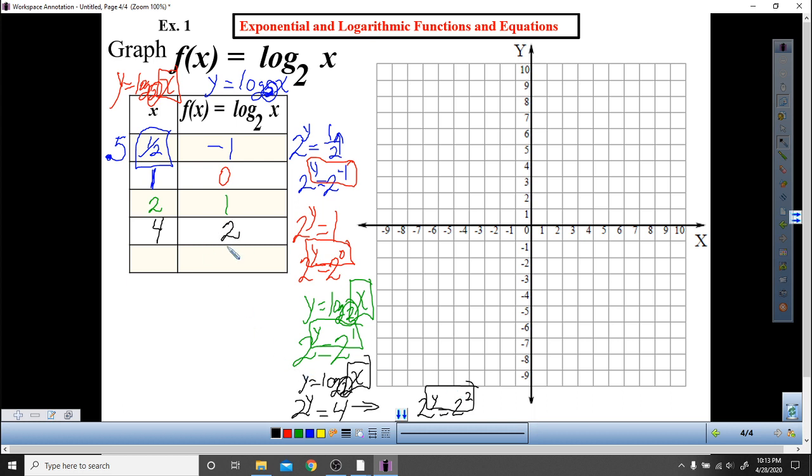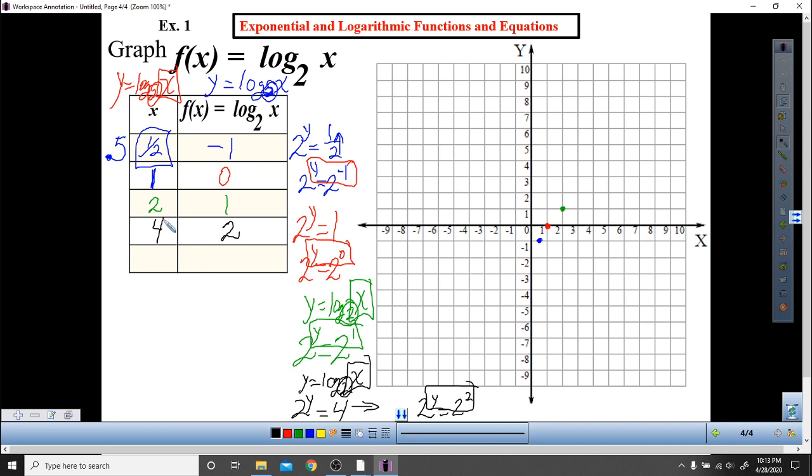Alright, I'm going to plot those points. I'm going to start with this one, 1/2, negative 1. The next one is 1 of x, 0 of y. Okay. The next one, 2 of x, 1 of y. There it is.